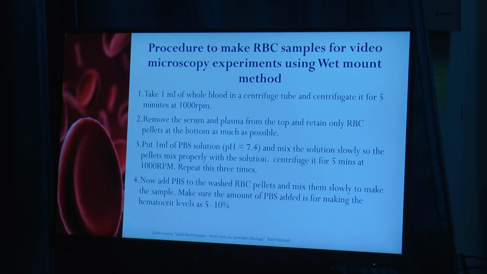So the procedure to make the red blood cell sample for the experiment we are doing today is the wet sample method, because we are doing phase contrast microscopy today. Usually whenever we take whole blood, it doesn't have only red blood cells. It has white blood cells, platelets, plasma, serum, and all the other things in it.